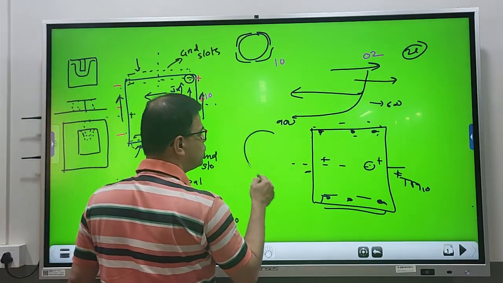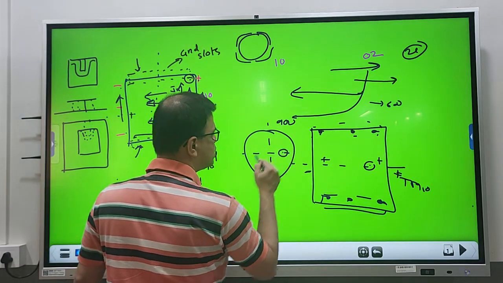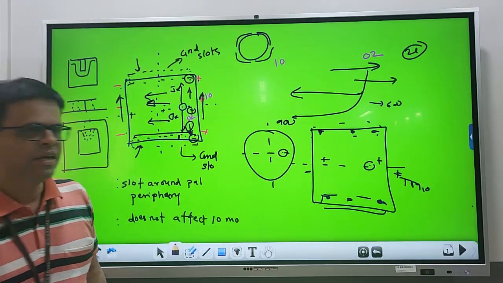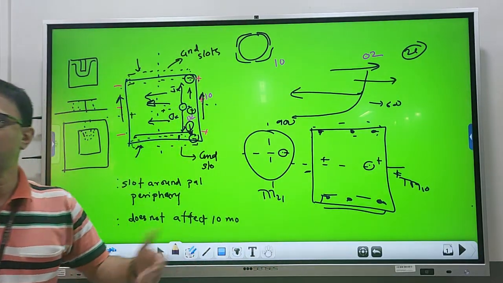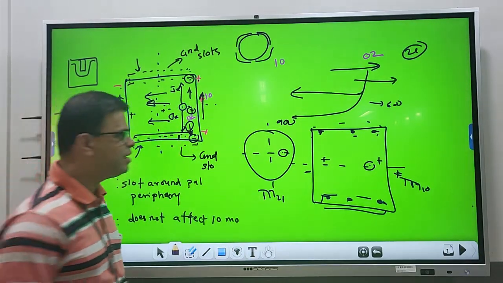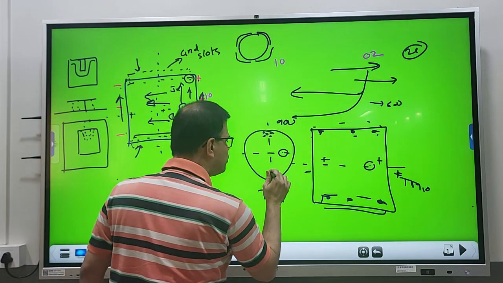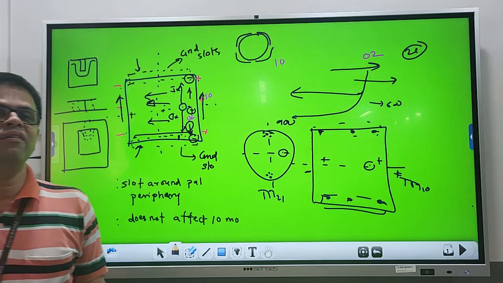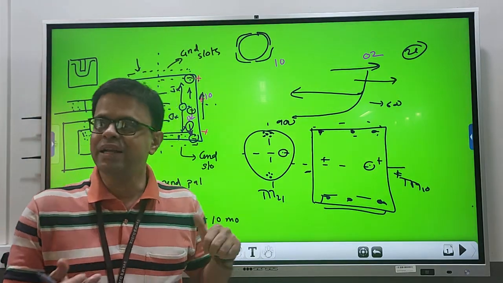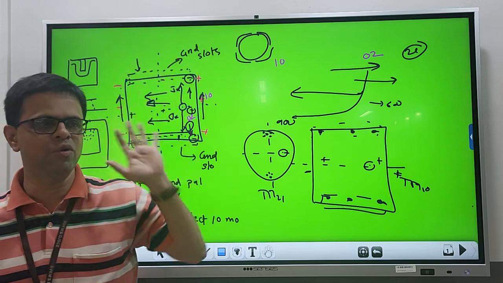Similarly, if you refer to the circular patch design, these papers are there. For the circular patch design, the TM21 mode is the source of cross-polar level generation. There a cluster of shorting posts has been put for realizing the cross-polar level reduction, because ultimately it suppresses your higher order mode.